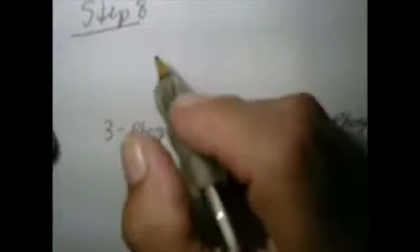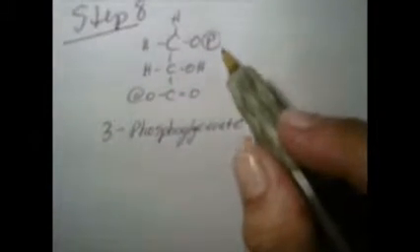All right, let's draw 3-phosphoglycerate again. Now we're just going to take this phosphate group and this OH group and we're going to switch them because these two are isomers.